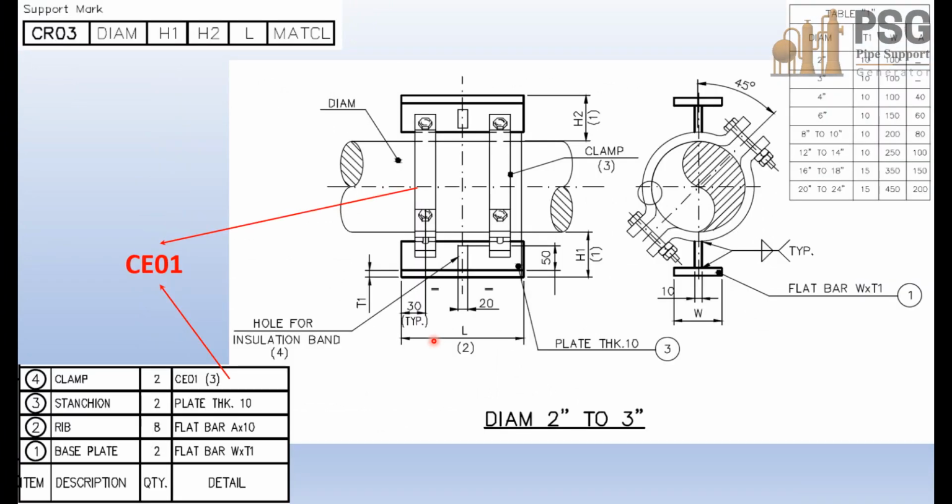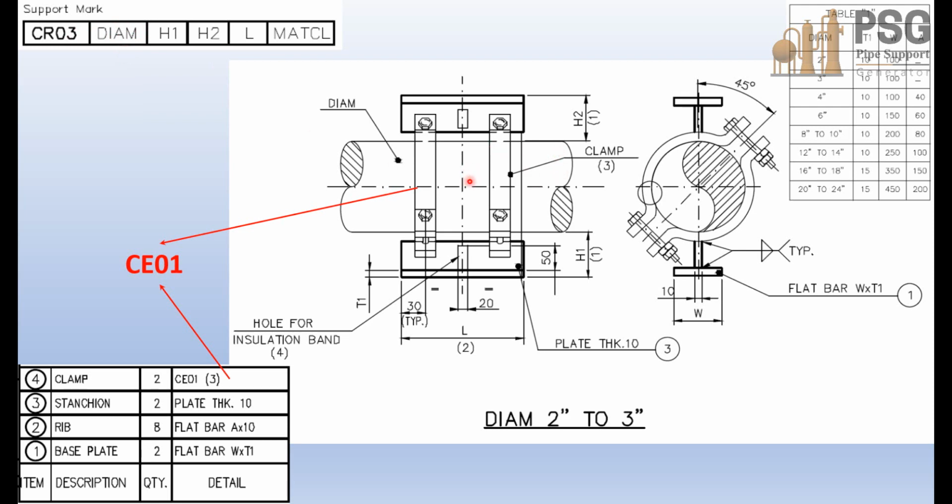Here, if we take a look at the support in depth, as you can see here, we have the support mark name. It includes some terms. The first term includes the group name, which is CR03, and the second term includes the diameter of the main line.